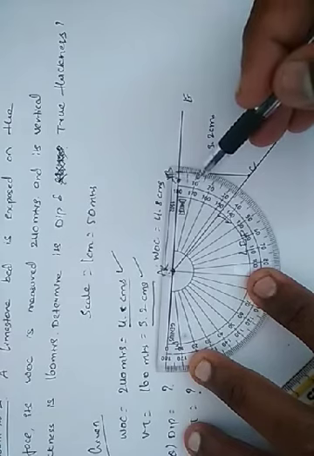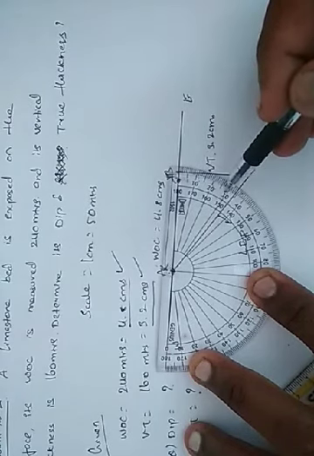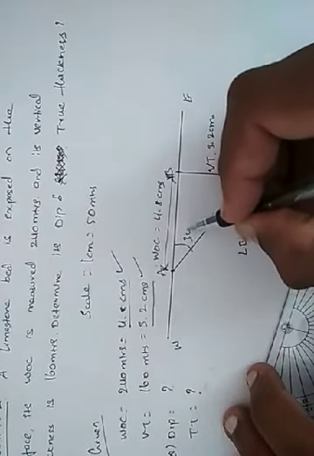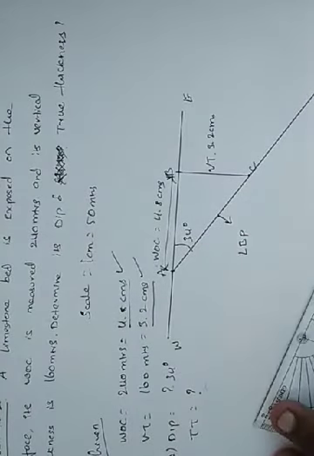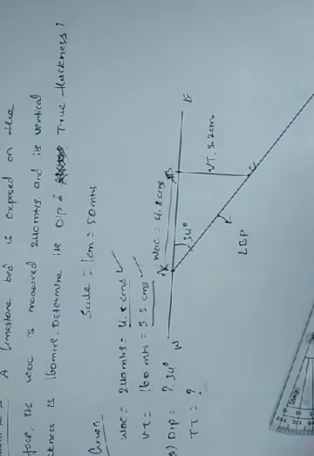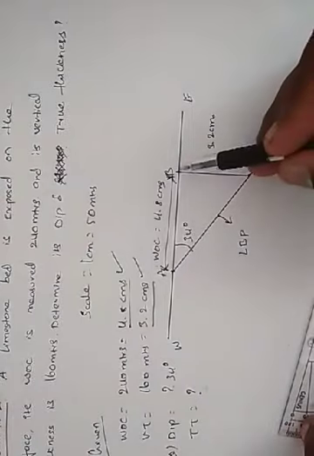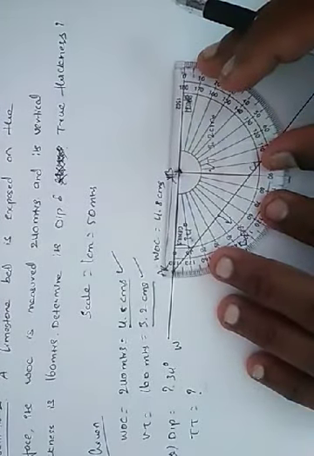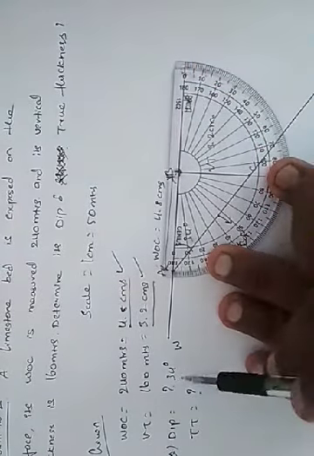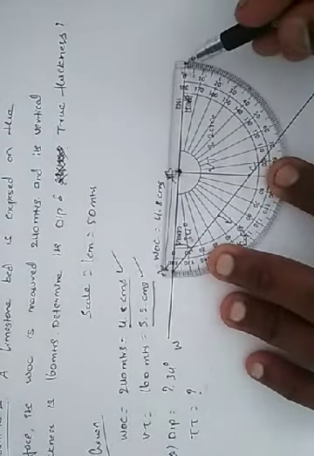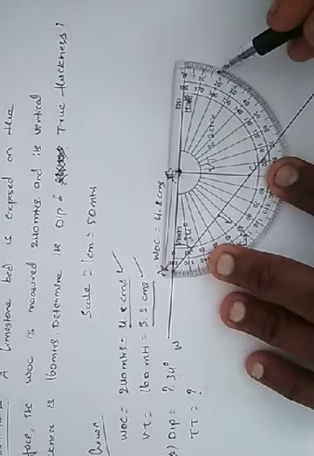So 10, 20, 30, 34 degrees. So the dip is 34 degrees. Now for the same measurement I will mark a point at the point B to get the upper bedding plane. I will place the protractor on the point B and mark the same measurement, 34 degrees.